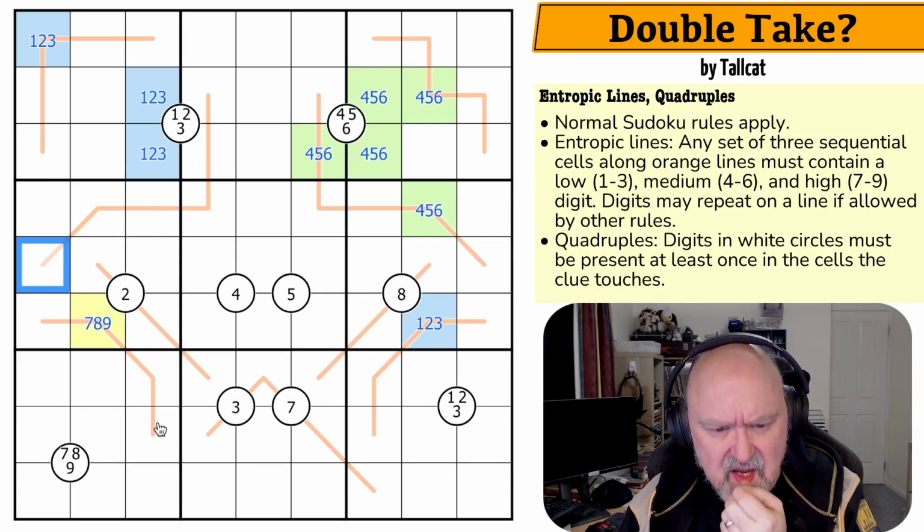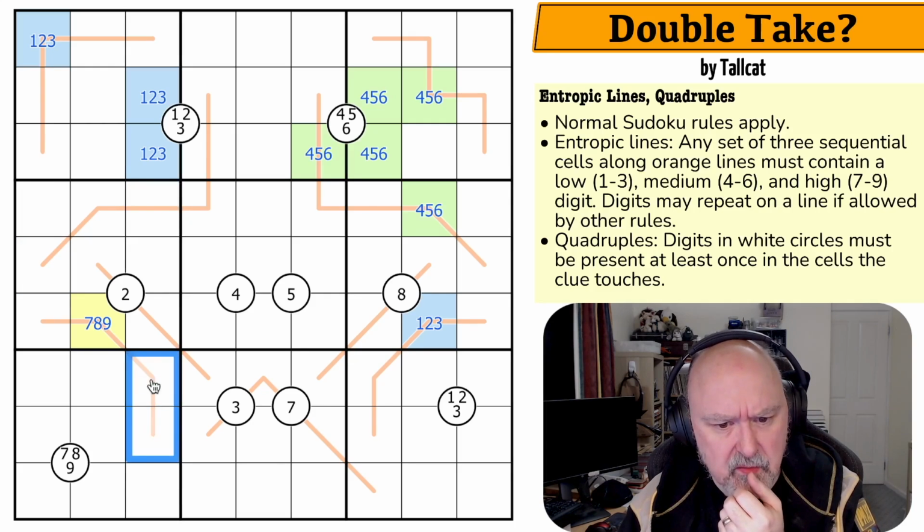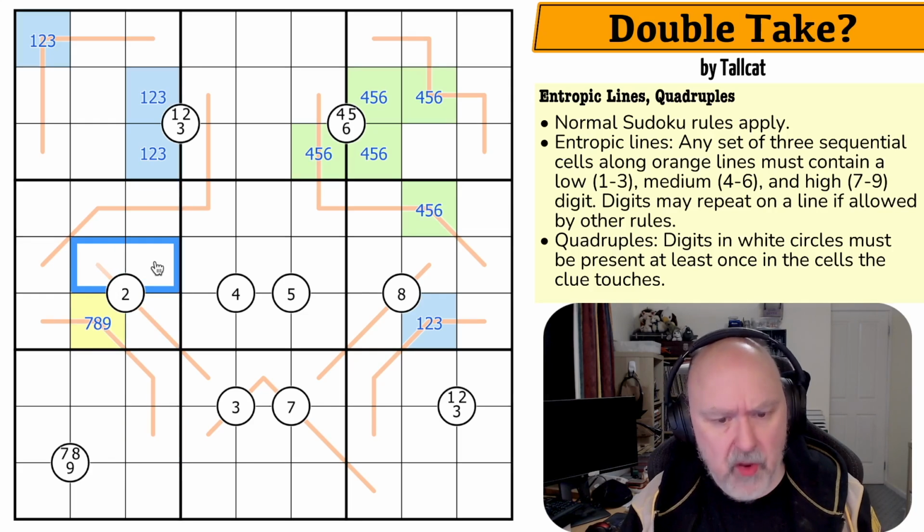It's definitely, there is a low on here, so this can't be low, because there must be a low on here, because this is high. This is a low and a medium, so neither of those can be low. And if that can't be low, it means 2 is in one of those two, because this can't be the low.